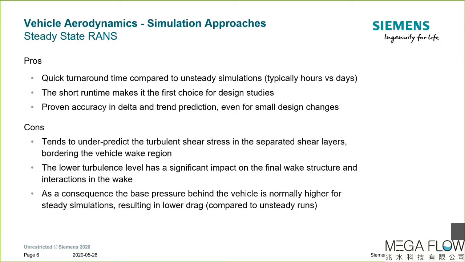So what we normally see is that due to the lower interactions, the base pressure, that's the pressure behind the vehicle, is normally higher for a steady state simulation. And this higher base pressure results in a lower drag coefficient compared to unsteady runs. So that's what you have to know, and these are known limitations of steady state simulations.